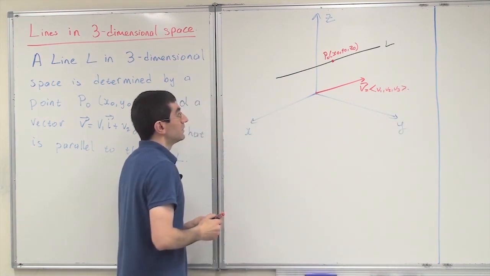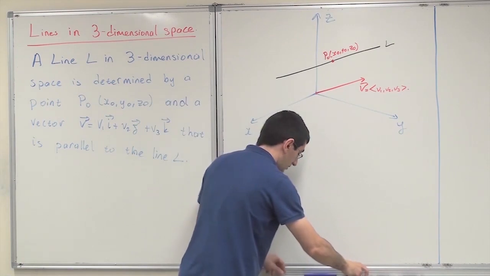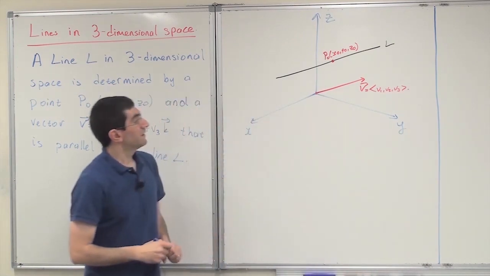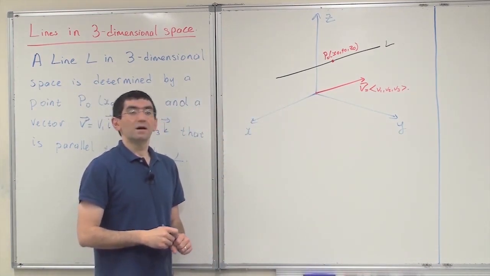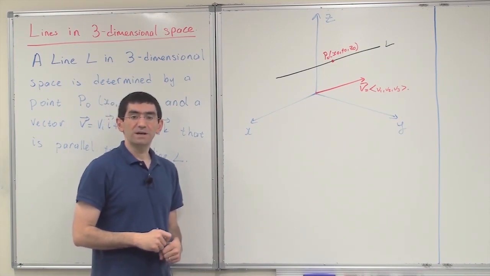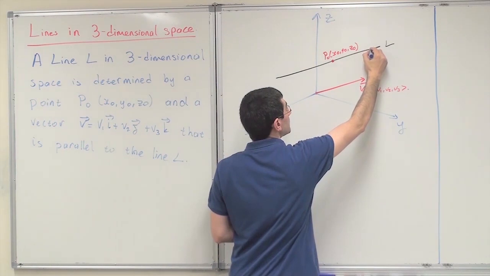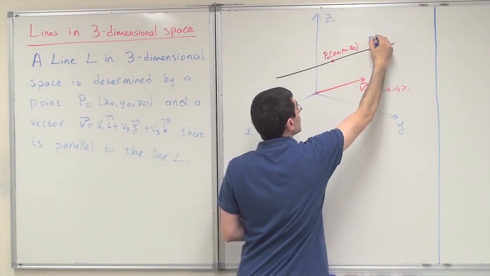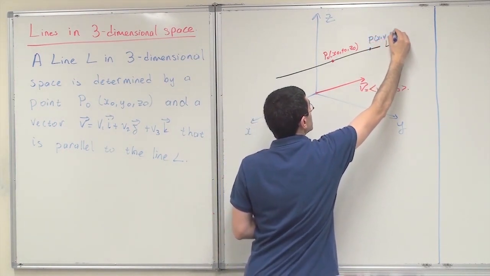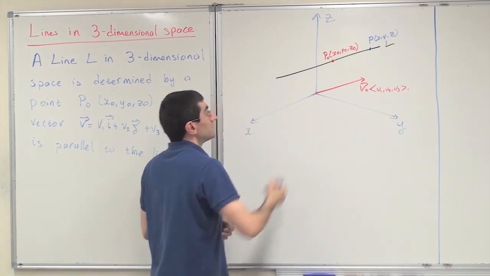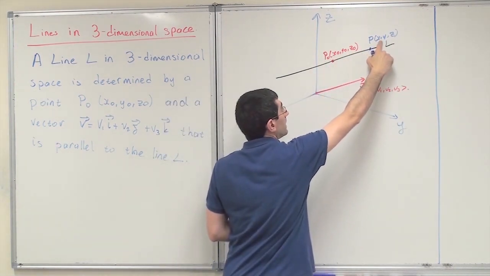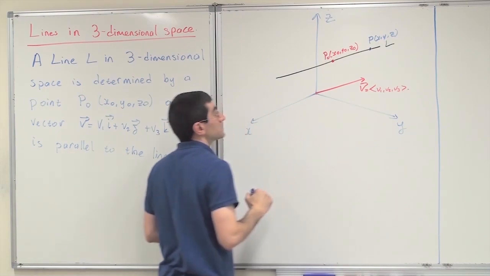Now finding the equation of the line means that you have to find the equations which are satisfied by a random point on the line. So let's pick a random point whose coordinates are x, y, and z.